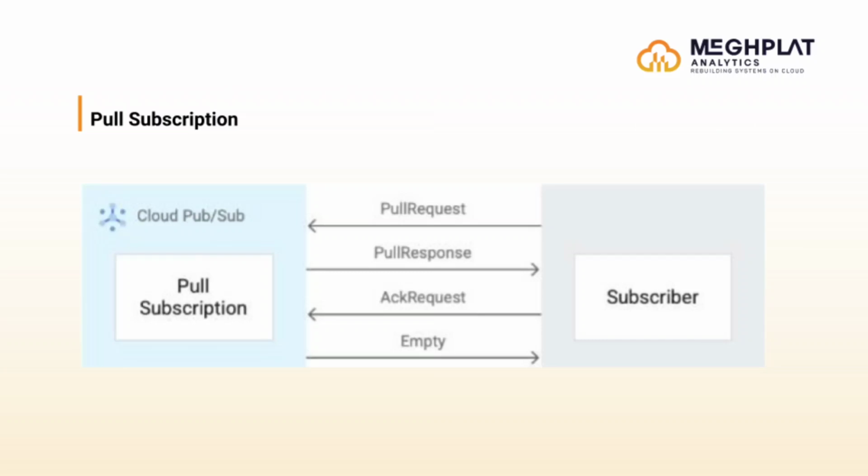The client uses the returned acknowledgement ID to acknowledge that the message is processed and need not be delivered again. So I think it is clear how the subscriber sends the pull request, then the subscription sends a pull response with the acknowledgement ID. That same acknowledgement ID is sent by the subscriber to the subscription, so that it can be assured that the message has been delivered and need not be stored again, right?